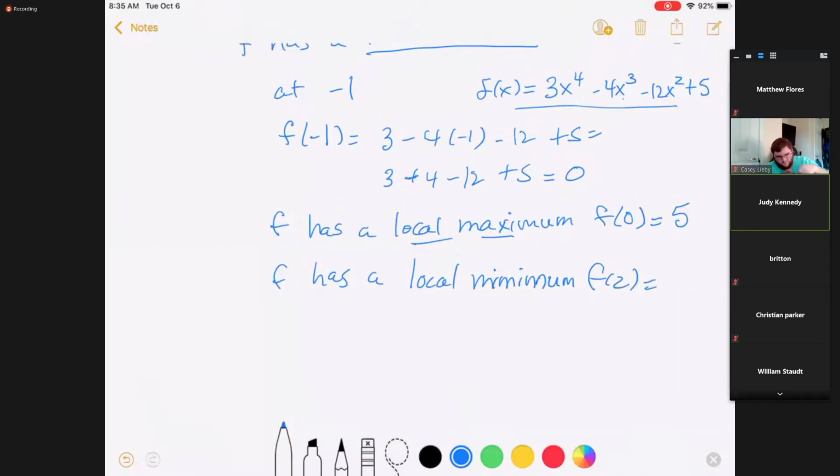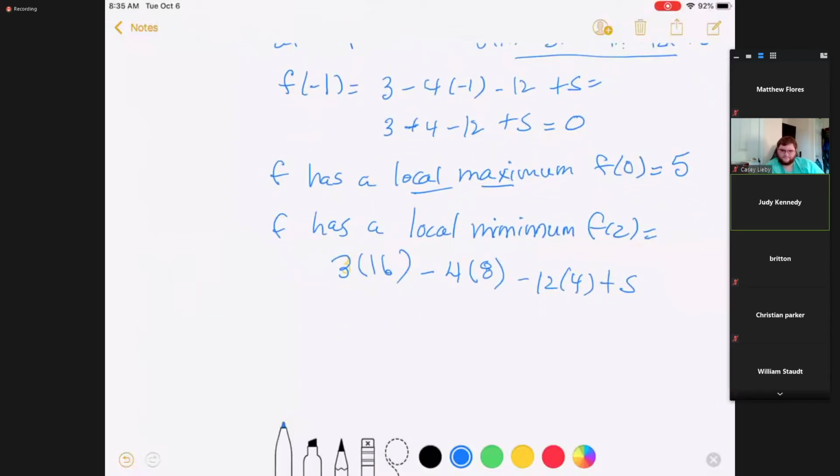I have to compute it. Okay, arithmetic, but let's do it. 3 times 2 to the 4th is 48. Minus 4 times 2 cubed is 32. Minus 12 times 4 is 48, plus 5.